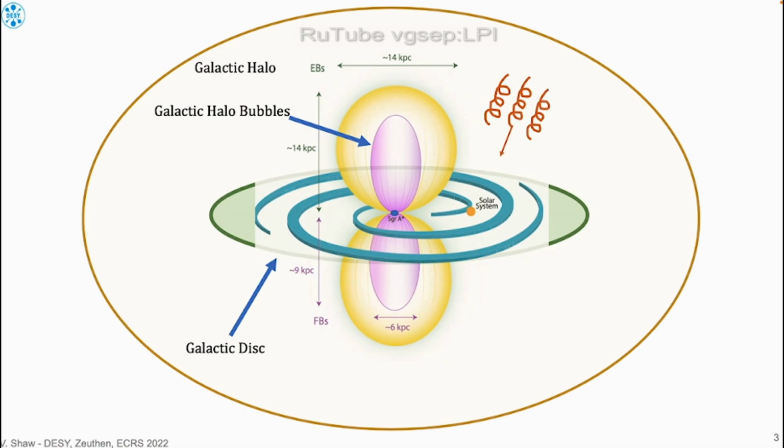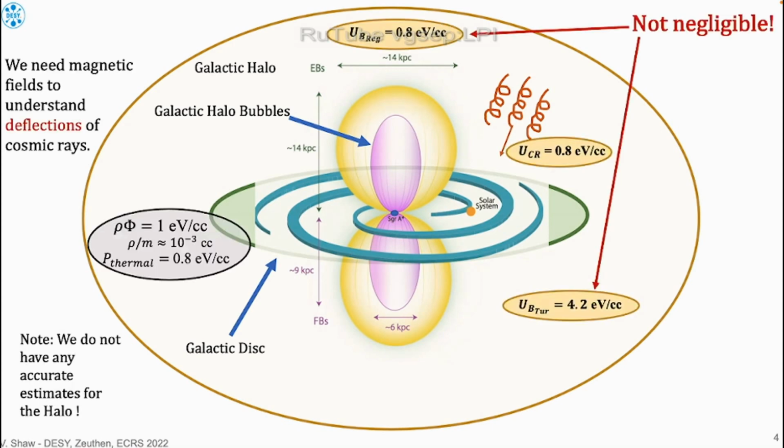As also mentioned in the previous talk, if the galaxy is in equipartition, then roughly the energy density in the gravitational pressure, in the thermal pressure, in the cosmic rays, all of these pressures are roughly around 1 eV per cc.